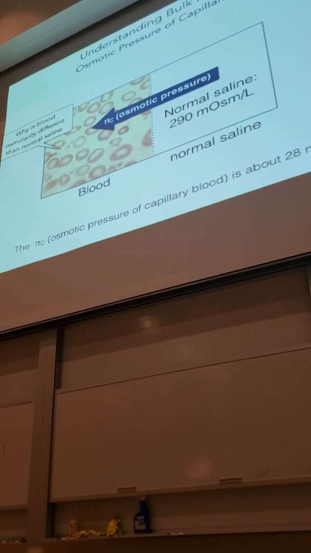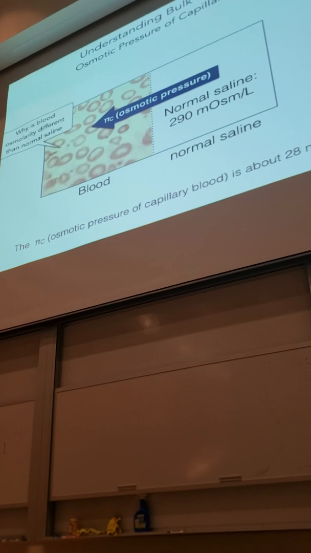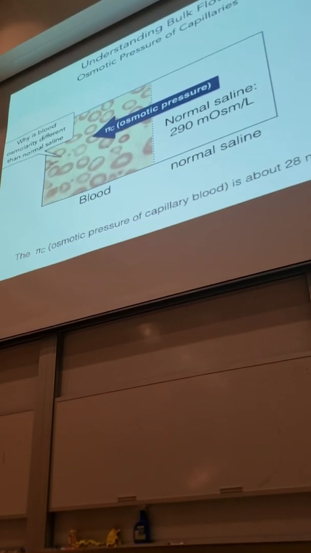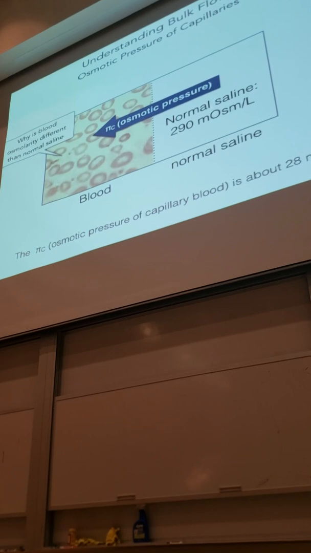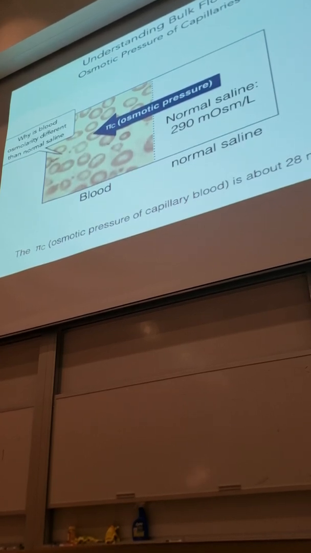Both are true, but osmotically the cells don't matter. Okay, they're too big. We might consider cells to be in plasma as a mixture, right? Whereas proteins are in as a solution, okay, part of the solution. So the proteins are there, right? And so we've got proteins there that aren't present in our normal saline.